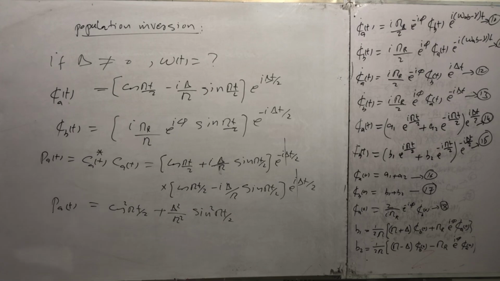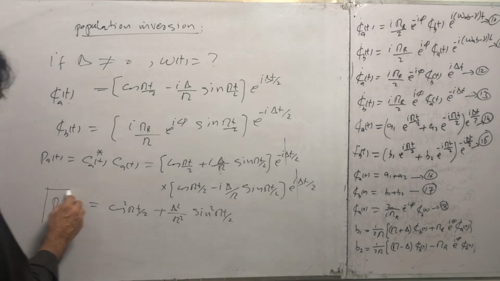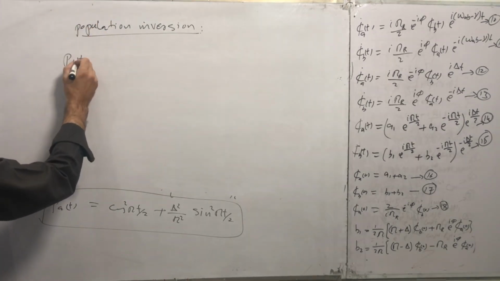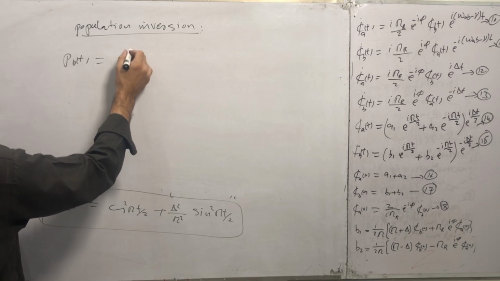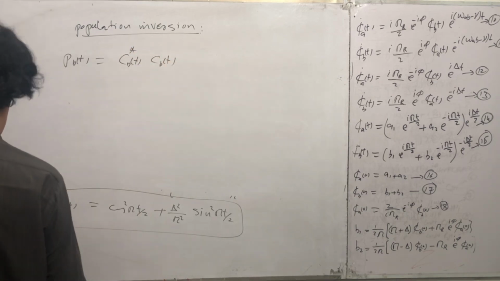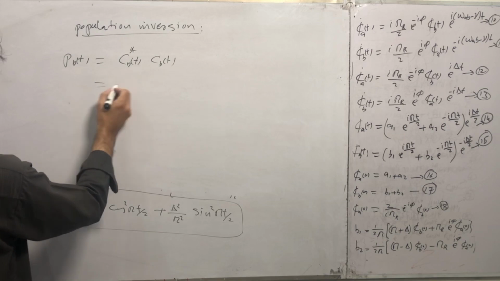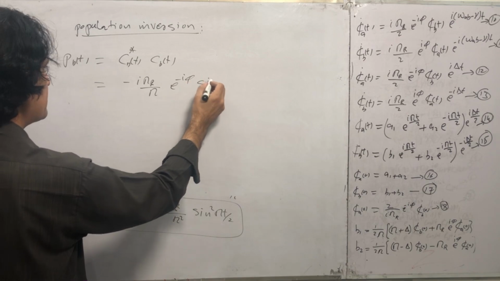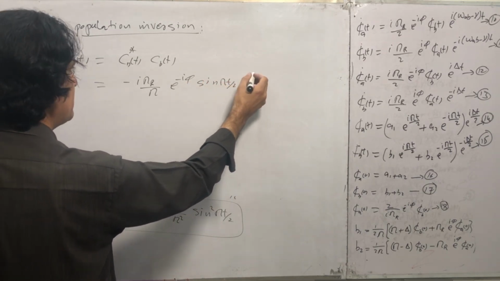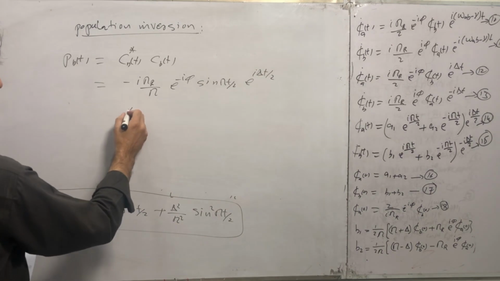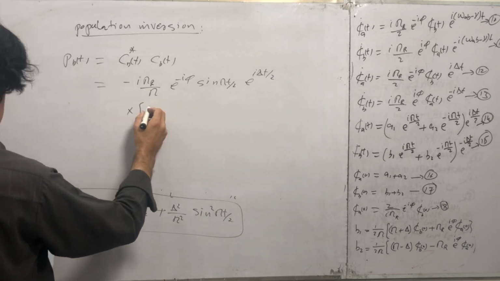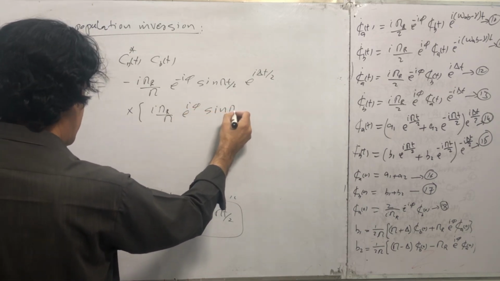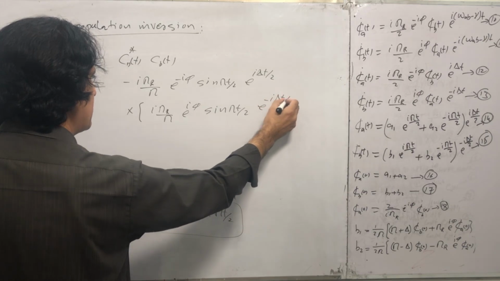And similarly, the probability of state B will be equal to C_B star times C_B(t), and this is equal to minus i omega_r divided by omega, e to the power minus i phi, sine omega t divided by 2, e to the power i delta t divided by 2, multiplied by i omega_r divided by omega, e to the power i phi, sine omega t divided by 2, e to the power minus i delta t divided by 2.